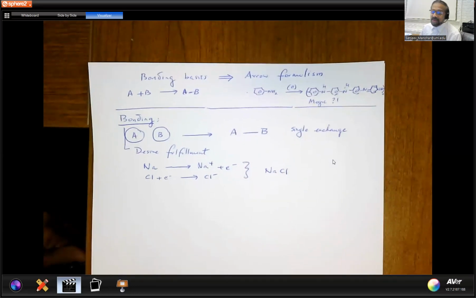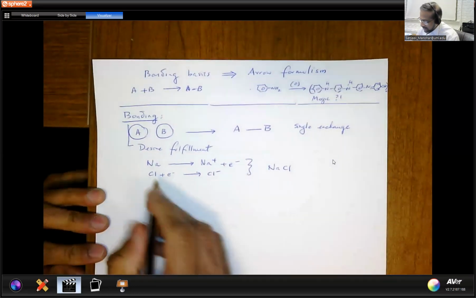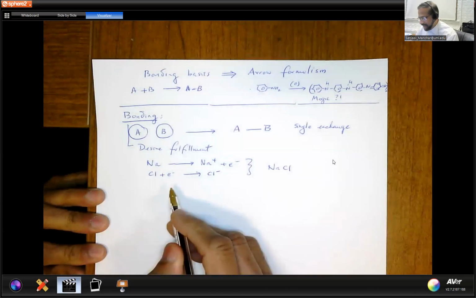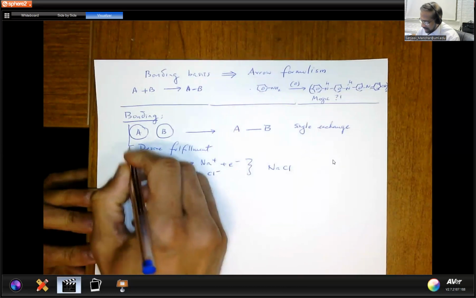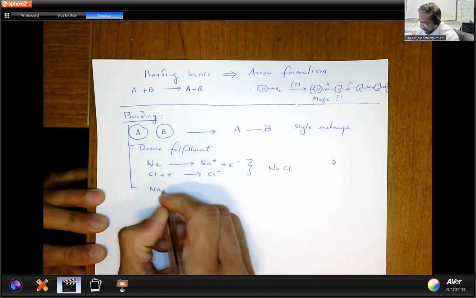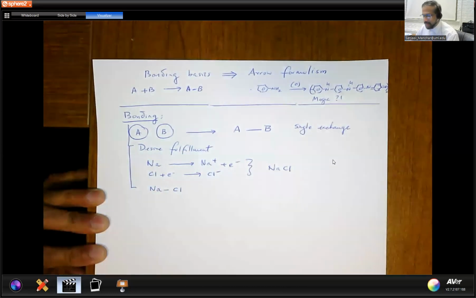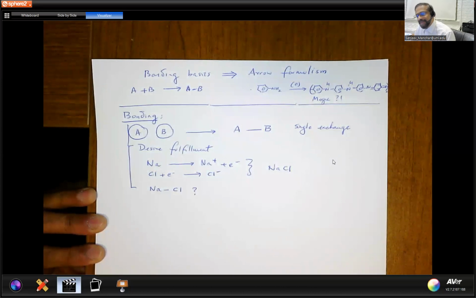But the question for you is, when they do react, is there a line between sodium and chloride? Do we call it this? After all, a bond means sharing of electrons. No, right?